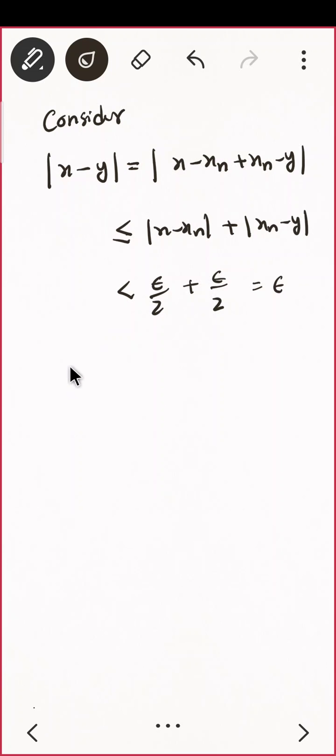So you have proved mod of x minus y is less than epsilon for all epsilon. Do you understand? The question was to take any given epsilon, so this is true for any epsilon, which implies x is equal to y. This was your corollary of unit 1 if you remember. If you want to prove two things are equal, you just have to show their difference is less than somebody, and that somebody can be anyone.